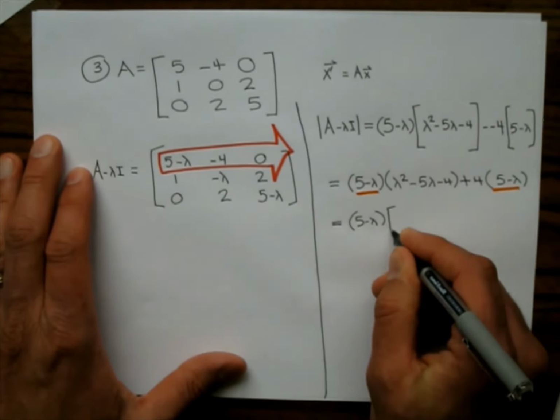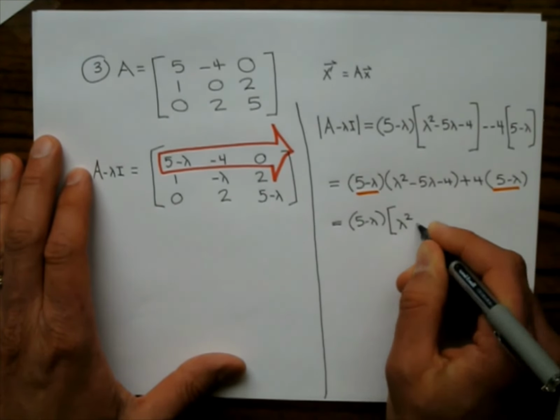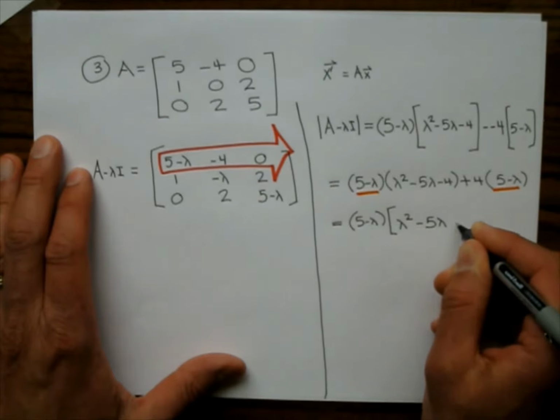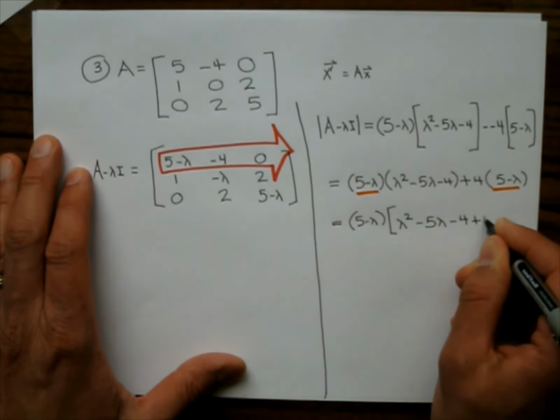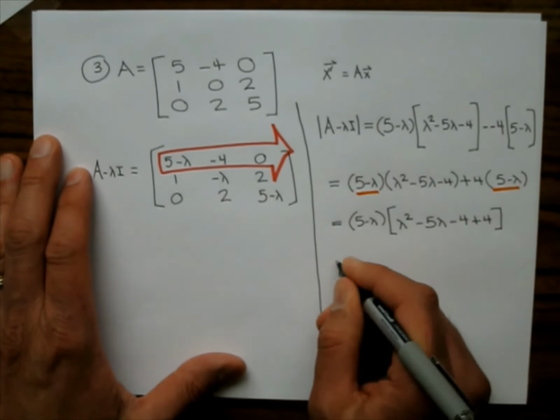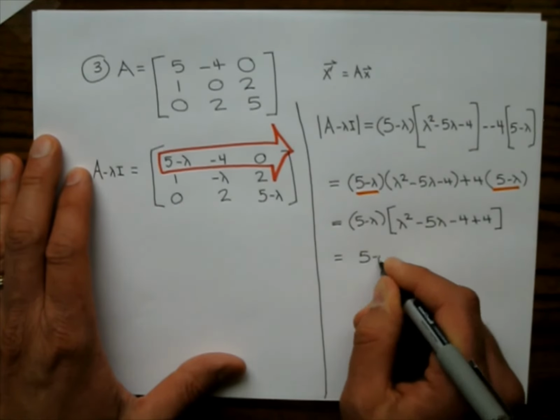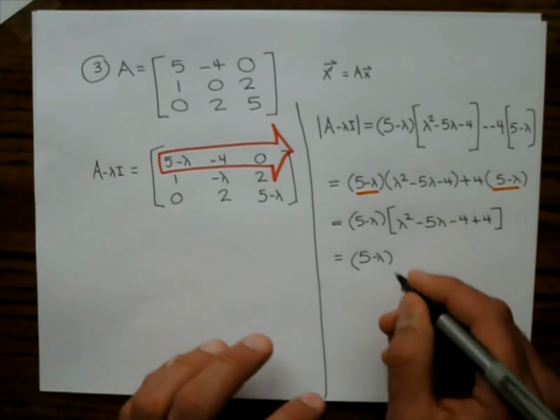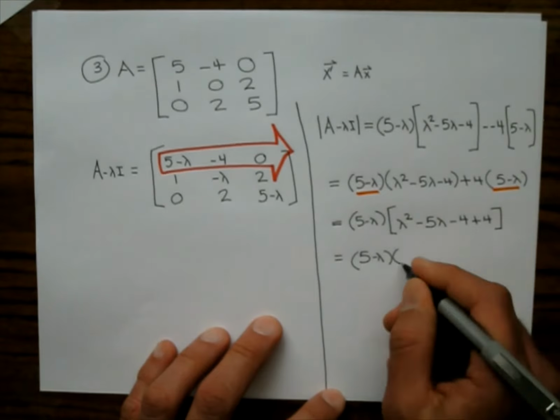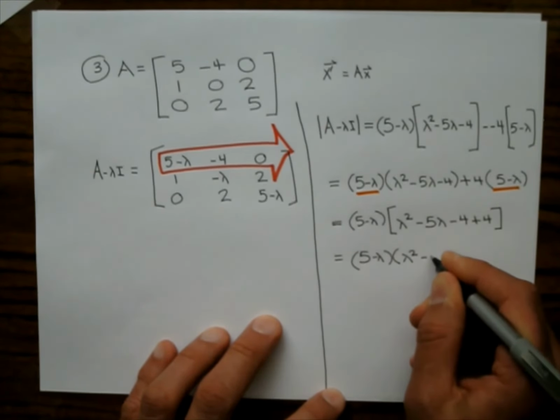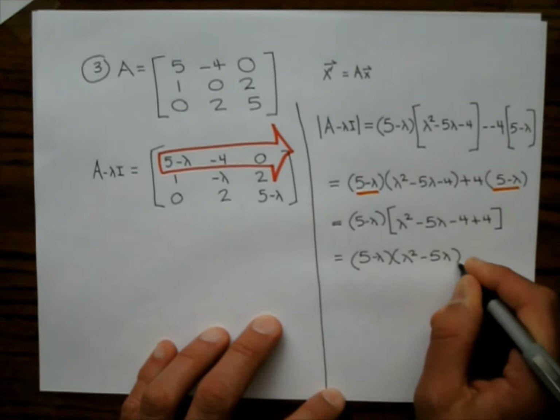So look what I have. I have lambda squared minus 5 lambda minus 4 plus 4. So this is 5 minus lambda, and then, oh, look at that, the 4's cancel, and I have lambda squared minus 5 lambda.